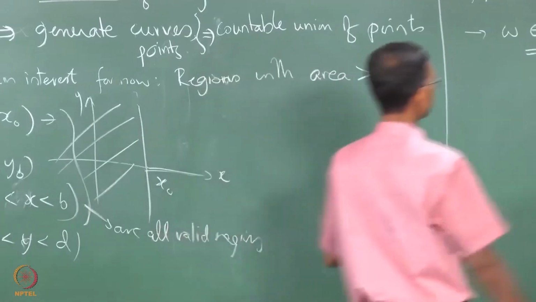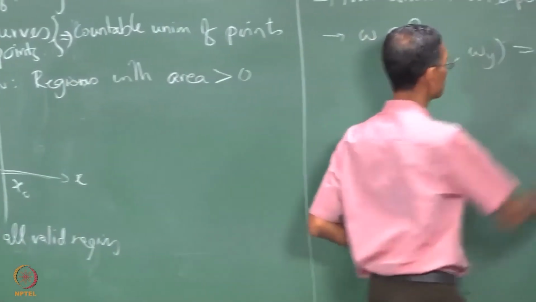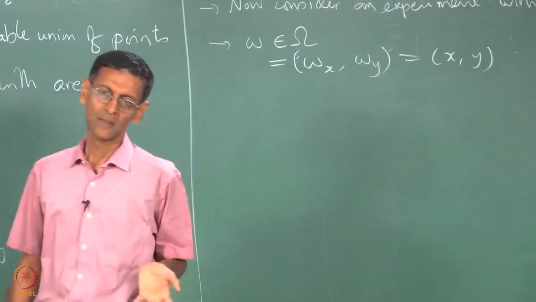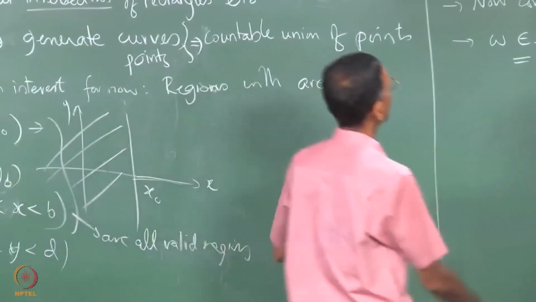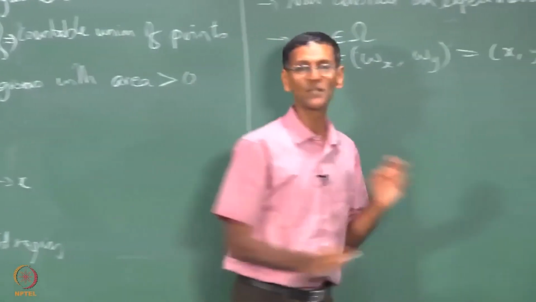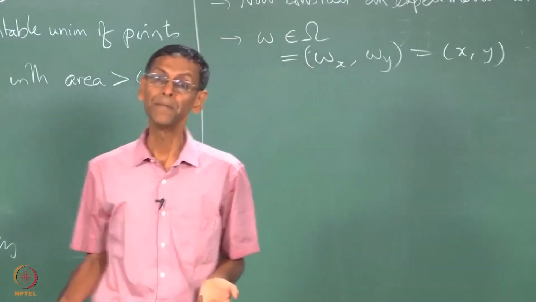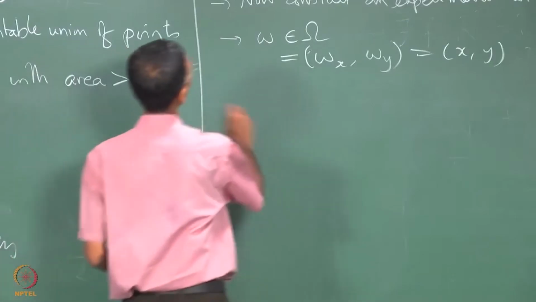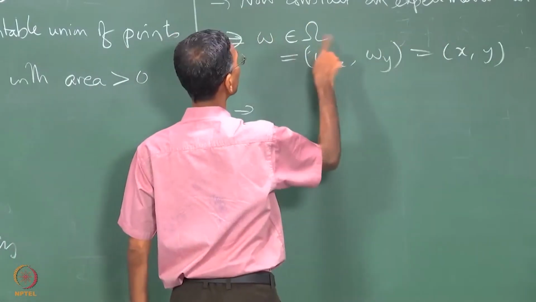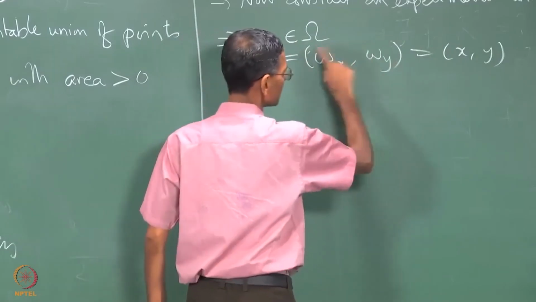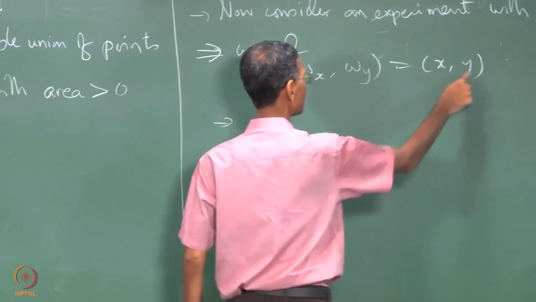So every omega is associated with some x and y, and now we define the two random variables capital X and capital Y. If this is true, then you can just forget about the omega x and omega y and directly write it as x, y.